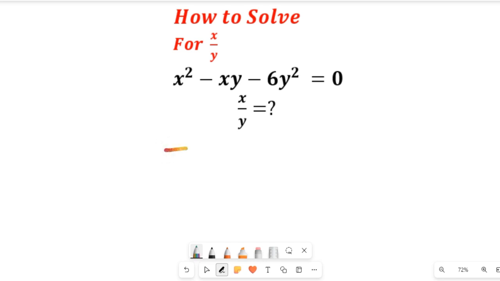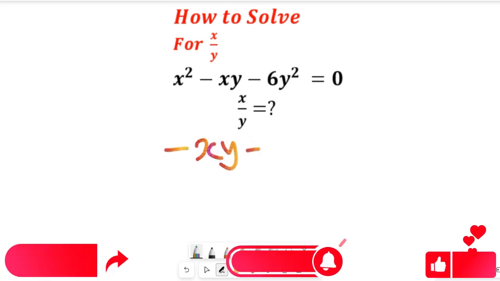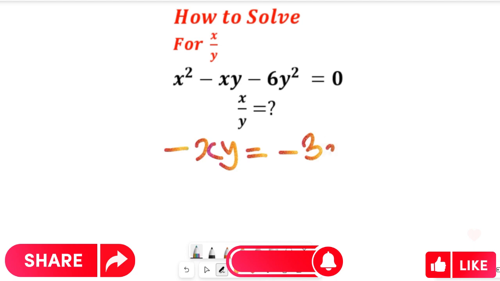From the right hand side, you come to realize that minus xy can be equal to negative 3xy plus 2xy, right? Good. Now, if we want to factorize the left-hand side, all we need to do is to substitute the value of minus 3xy plus 2xy for minus xy.